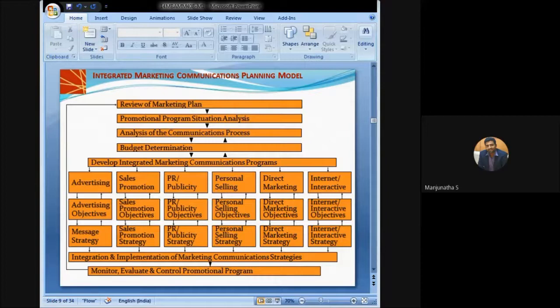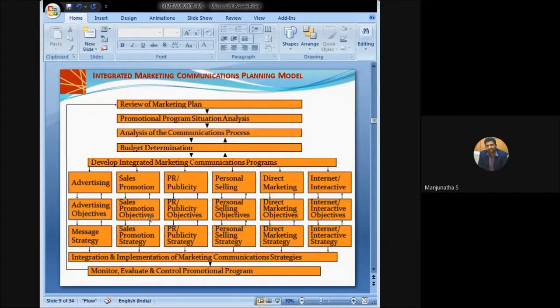Here, there will be sub steps under the development of IMC programs. That is advertising. Under advertising, there will be objectives of advertising and message strategy of advertising. Second, sales promotion. Under sales promotion, there will be sales promotional objectives and also the strategy of sales promotion.